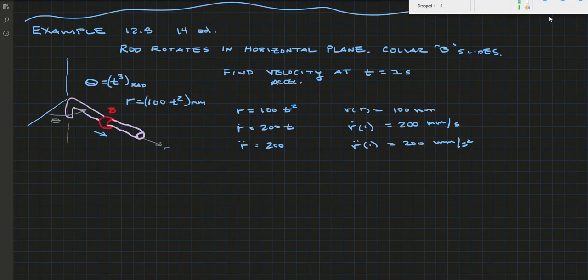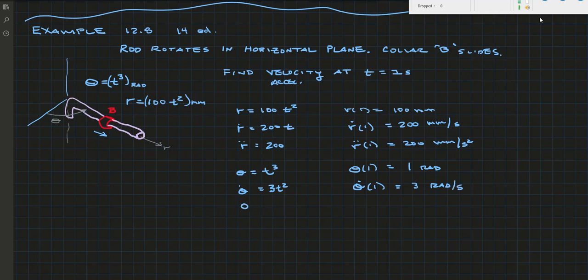Okay, let's do the same for theta. So theta equals t cubed. So theta of 1 is 1 radian. And then theta dot equals 3t squared. So theta dot of 1 equals 3 radians per second.